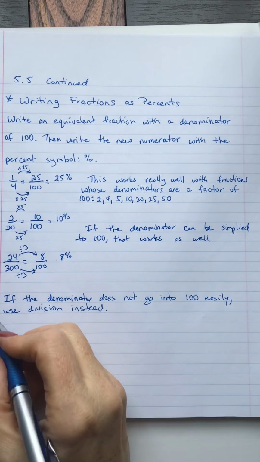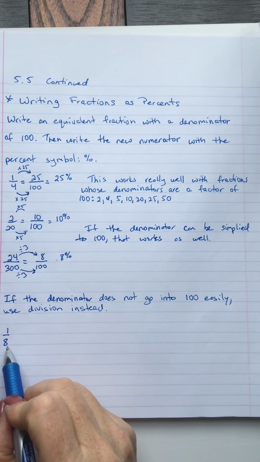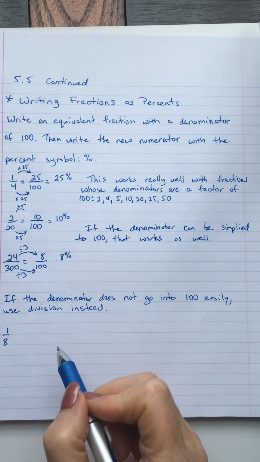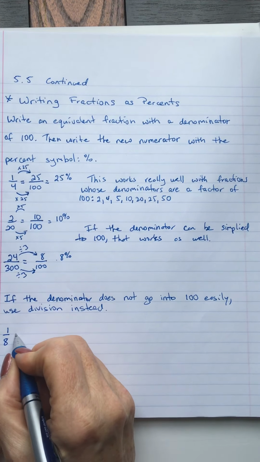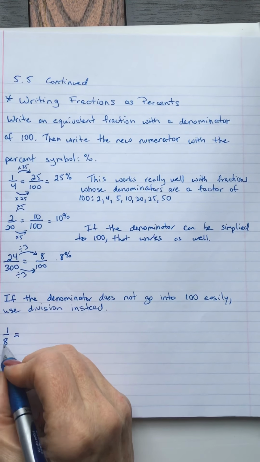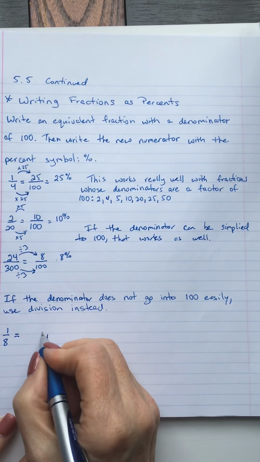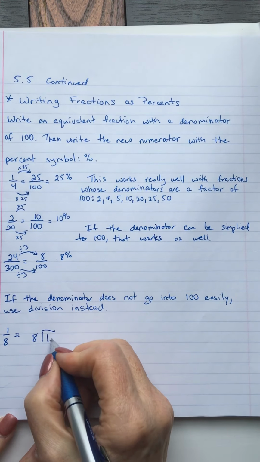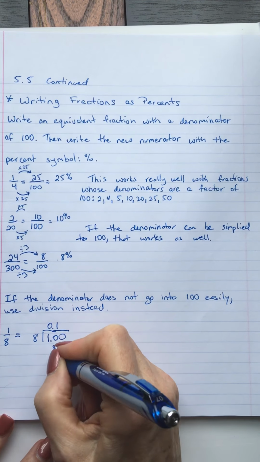So let's take an example of 1/8. 8 is not a factor of 100, so we can't just multiply 8 by some number to get 100. So we're going to divide 1 divided by 8, and let's do it down here. Well, you know right away we need to add a decimal and at least 2 zeros. 8 will go into 10 one time. 1 times 8 is 8.